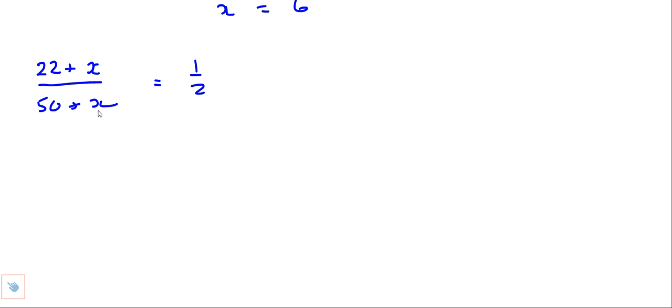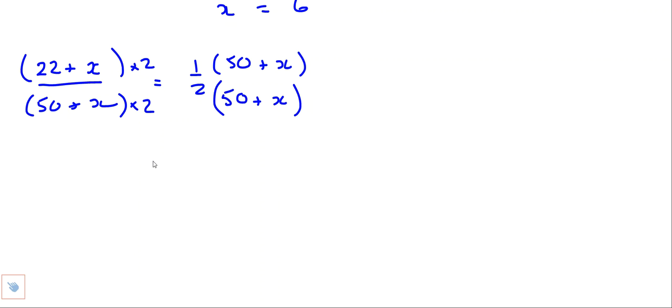And the easiest way to do that is to do what? I could multiply this one by 2 and this one by 50 plus x. But then what do I have to do to keep the fractions the same as they were to start with? I have to do the same to the top. Okay?